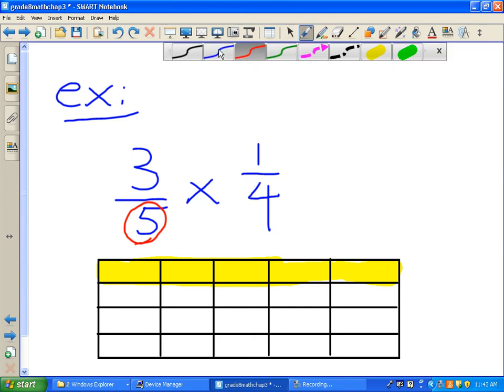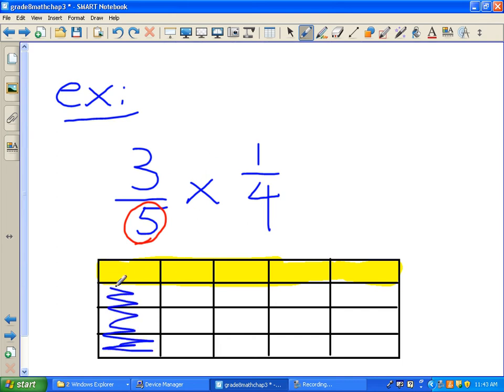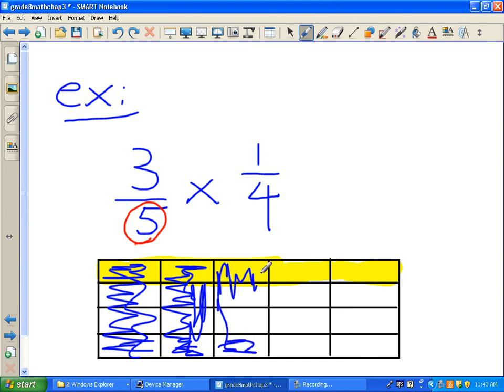And I am to shade in 3 full slices. So starting here, that's 1, 2, 3 out of 5.